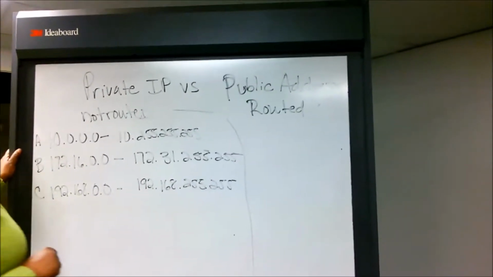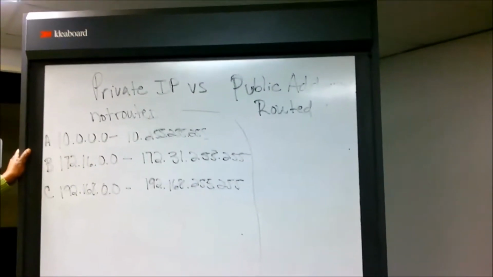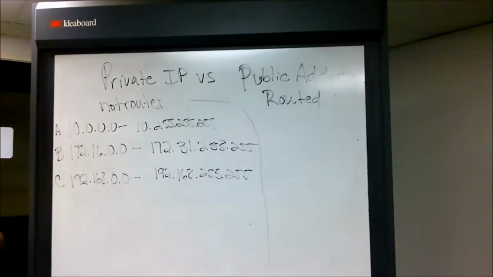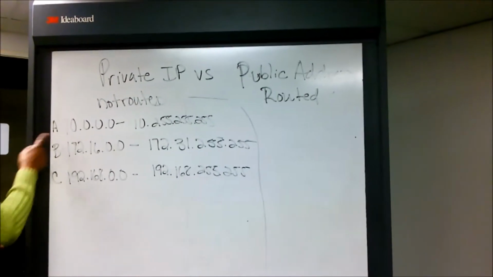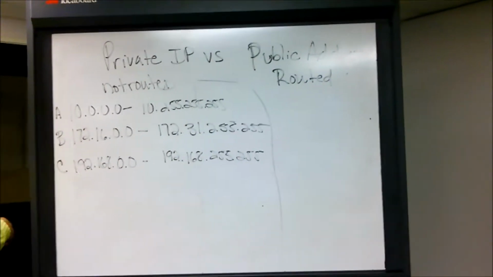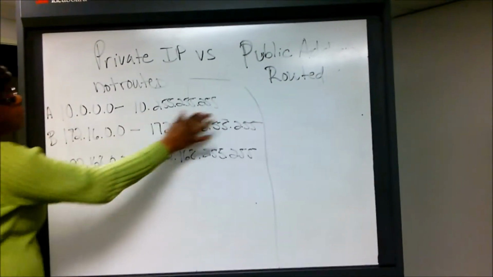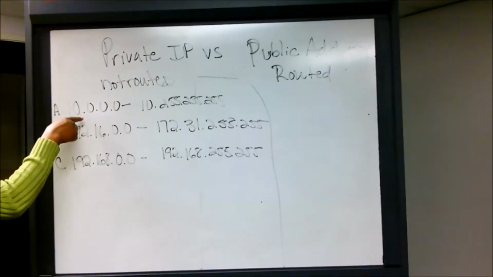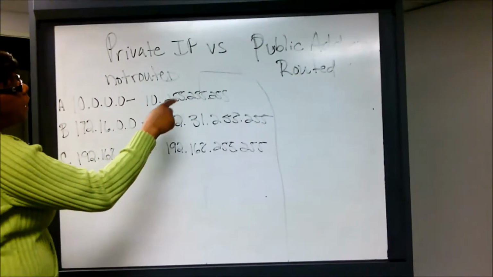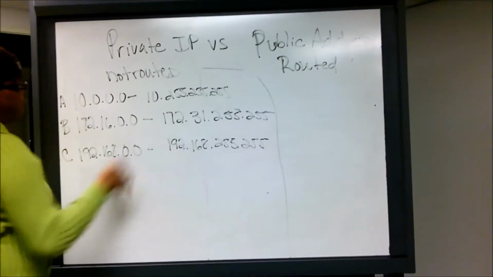Okay, talking about private IP addresses versus public IP addresses. What I have done here is give ranges for the A class, B class, and C class IP addresses. The range for A is 10.0.0.0 through 10.255.255.255.